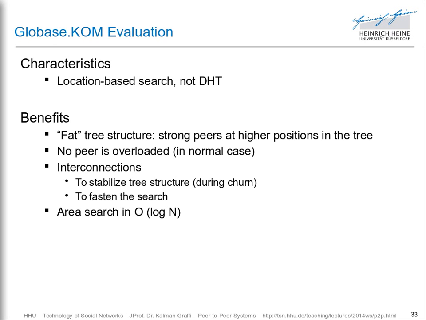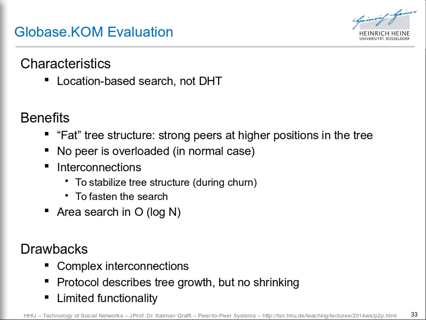We have no peer overloaded in the normal case, as the maximum load of L2 is not exceeded. Yes, we have interconnections, which are used to stabilize the tree structure and to speed up the search. And we have an area search in O(log n).